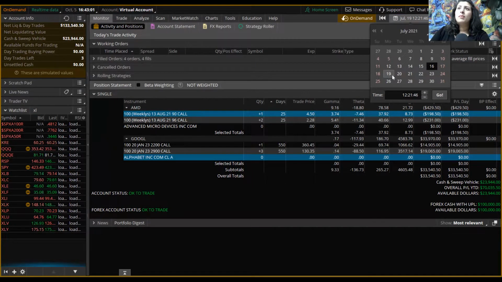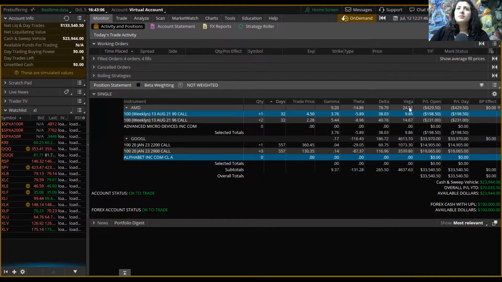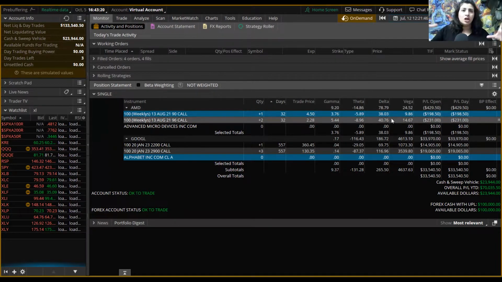Let's go back to when we bought it and see what the Vega was. The Vega was 25. And so I've paid for 25, in my option contract, this Vega piece.